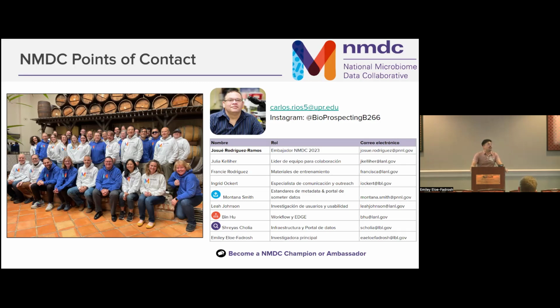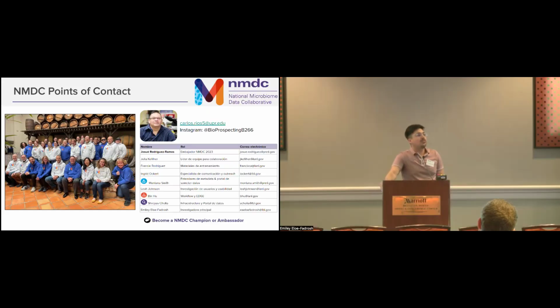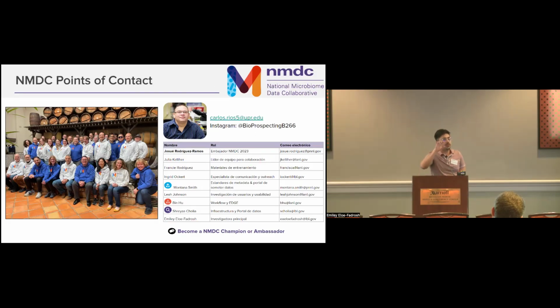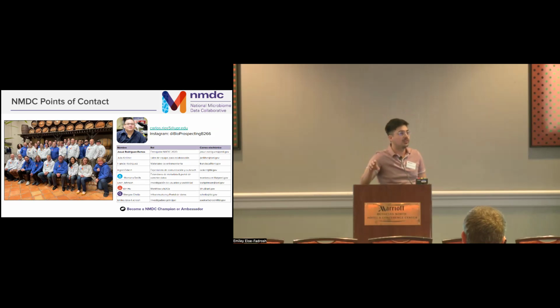Yeah. So the NMDC EDGE is more standardized than KBase, in the sense that you don't need to develop your own narrative and figure out what you need to do. You give it the reads and it uses a very standardized platform to process those reads, and it gives you an output based off of that data.